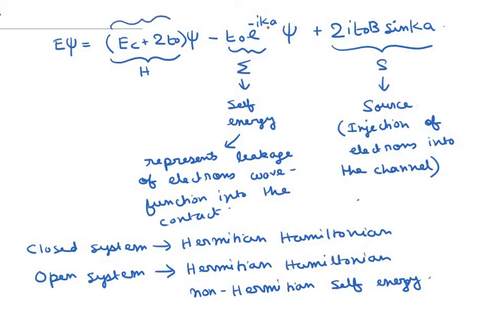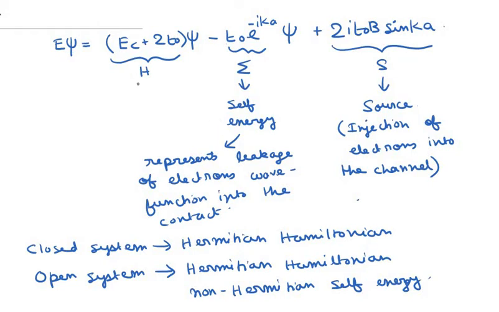Now within this equation itself we have a term which depends on energy, so it makes the solution of this equation difficult, and it has to be solved in an iterative way.